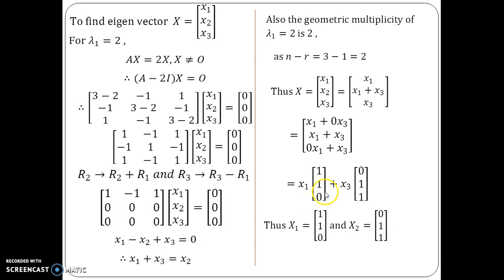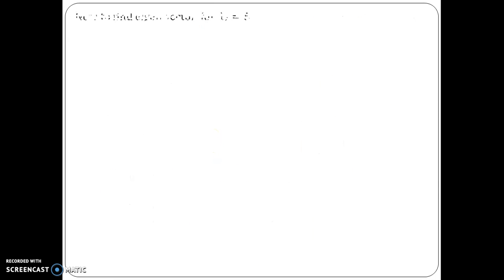So this is the way you find eigenvectors when a particular eigenvalue is repeated. Now let us go ahead and solve for the last eigenvalue, lambda 2 equal to 5.